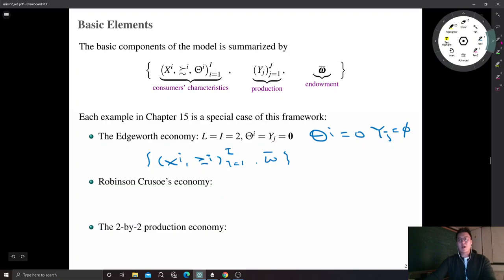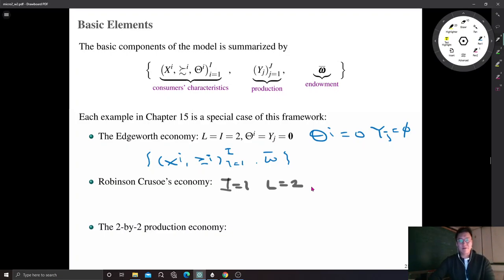In Robinson Crusoe's economy, there's just one agent, so I is equal to 1, and there are two commodities because that consumer can use working hours for production and for consumption of leisure. And there was another commodity produced by one firm.